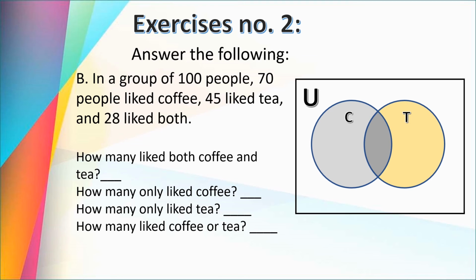How many like coffee or tea? And how many like neither coffee nor tea? So para masagutan nyo yung given questions natin, you need to accomplish first the given Venn diagram, just like in problem A. So you may start now.